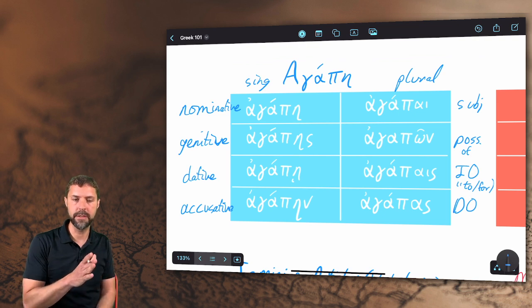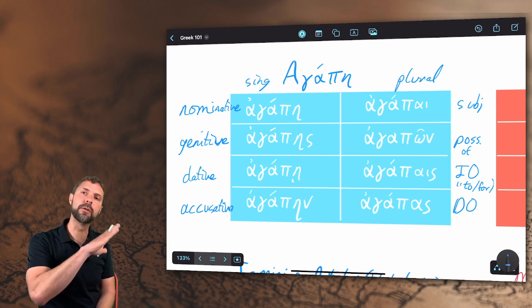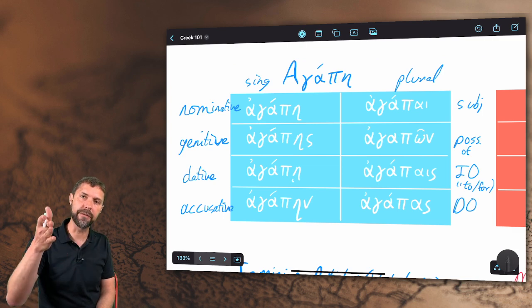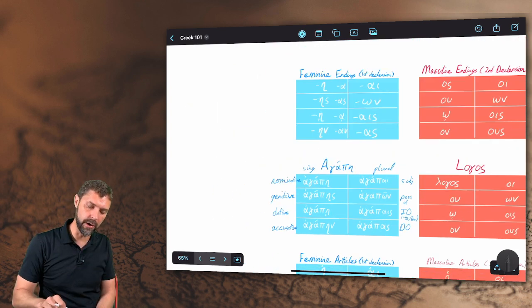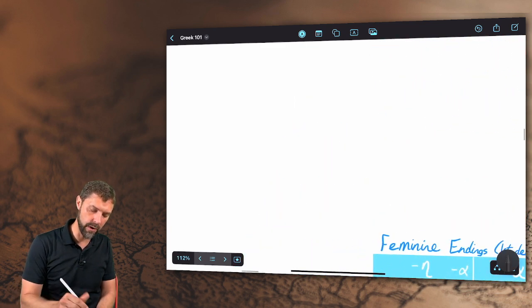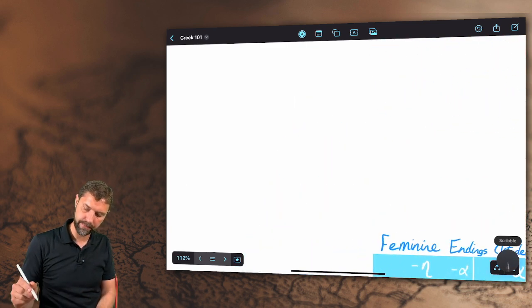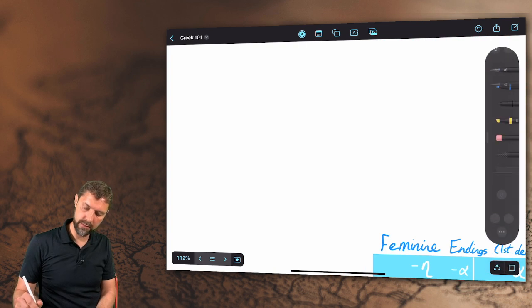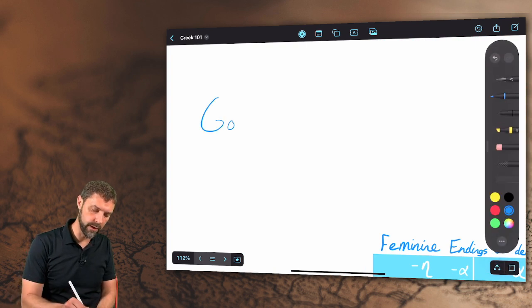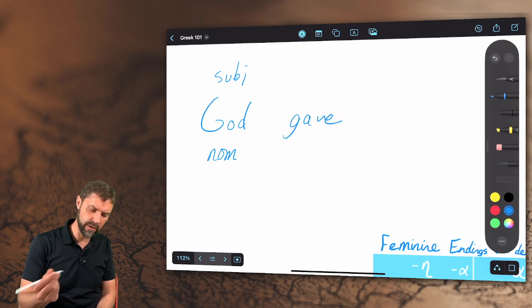Gift, that's subject. No, let's do God gave the gift. There I've got a subject, God. So that's going to be nominative. Excuse me while I get my tools going. God, that'll be subject, and so therefore we're going to make this a nominative case. Gave, that's the verb. We don't use a case for that.